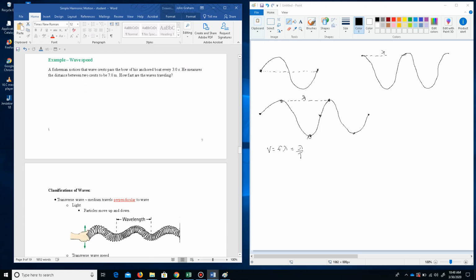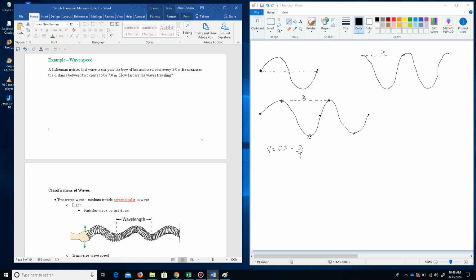So if we're looking at a fisherman and he notices the crest pass the bow of his anchor every 3 seconds, so as the wave moves across, every 3 seconds you get a top of the wave passing. He measures the distance between those crests to be 7 meters, and he wants to know how fast the waves are traveling.